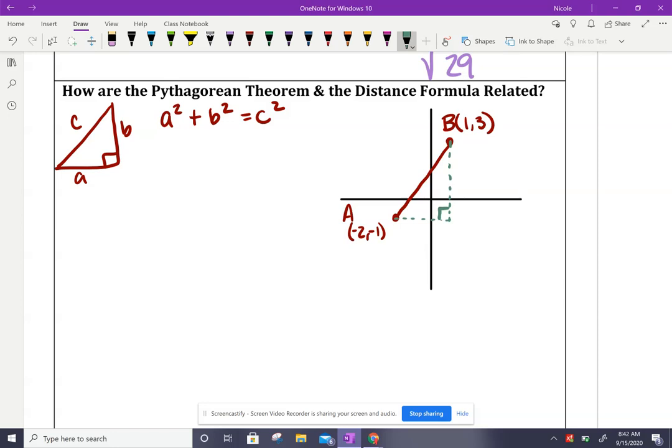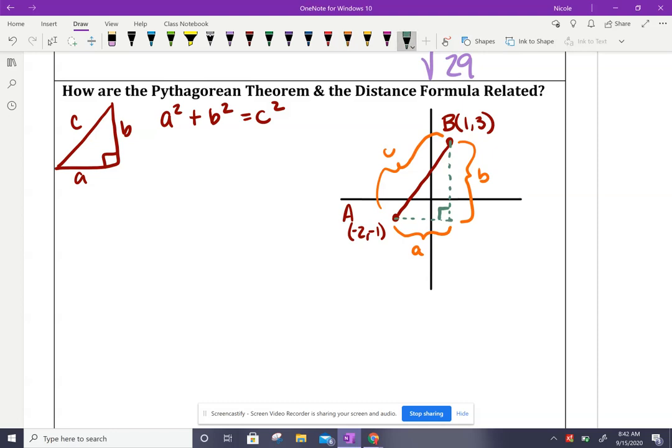With Pythagorean theorem, we are taking the length of the sides, so one entire length as a and one entire length as b, and then the hypotenuse is c. With the distance formula, instead of being given the entire length of a side, we're given points to find that length of the side.